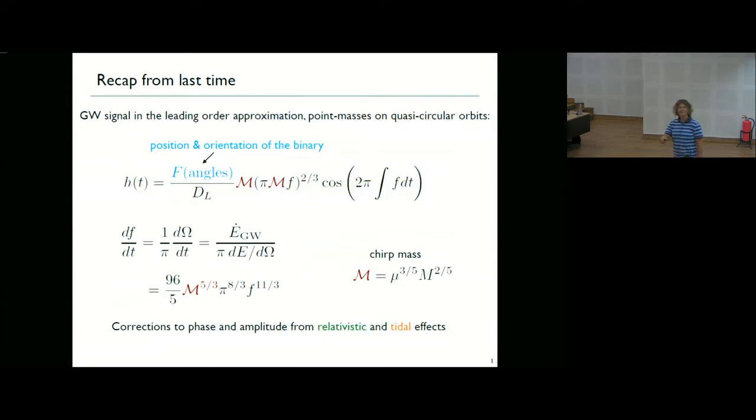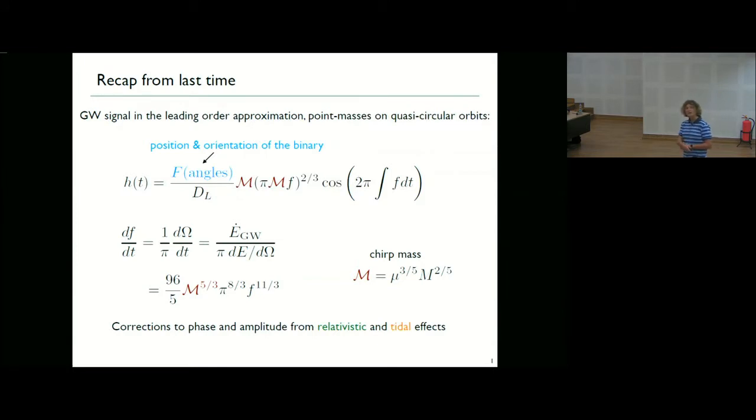So a function characterizing those parameters, then 1 over the distance to the source, then the amplitude dependent on the chirp mass, which is this kind of combination of the masses, and then it increased with frequency, and it was oscillatory but with increasing frequency, where the frequency was computed by imposing that the gravitational radiation at infinity is balanced by the change in the energy of the binary system.